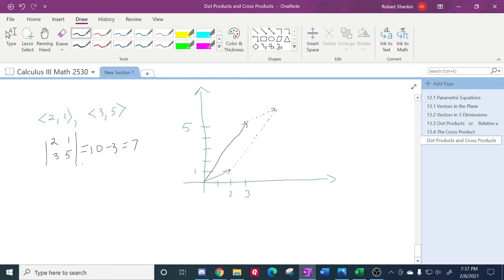When you're taking the determinant, you're taking the x-coordinate of the first vector times the y-coordinate of the second vector. 2 was the x-coordinate of the first vector, and then 5 was the y-coordinate of the second vector. And when you multiply those 2 together, you get this area.